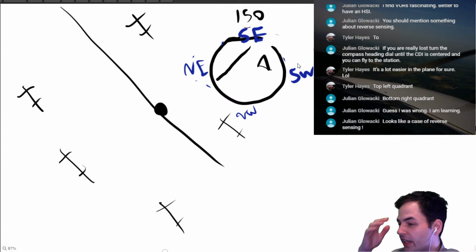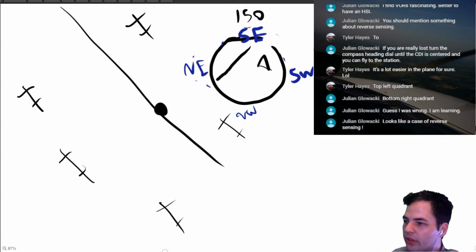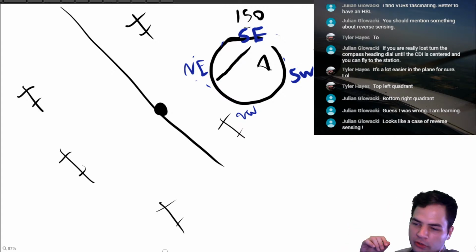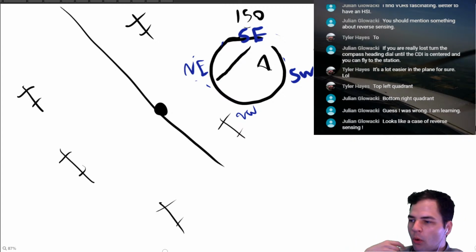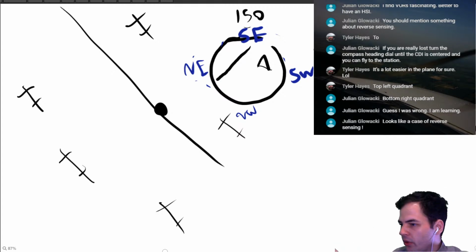Yeah, exactly. Julian, that's a great point. That's classic reverse sensing. What he means by reverse sensing is, if you get the airplane pointed the opposite direction versus what is in the OBS setting, the needle goes the opposite direction of what you're expecting. Because again, the needle doesn't care where the airplane's pointed.